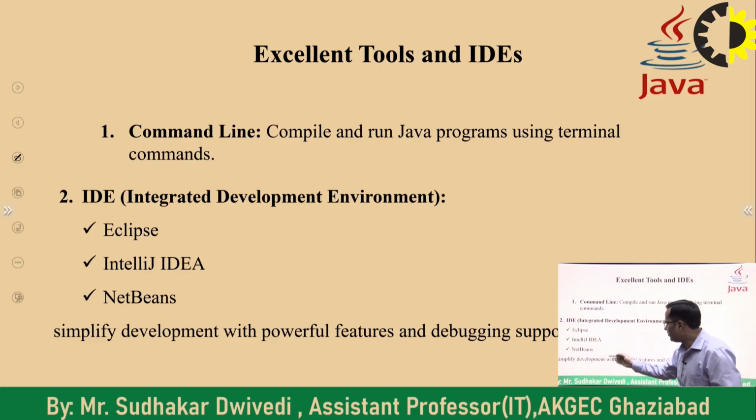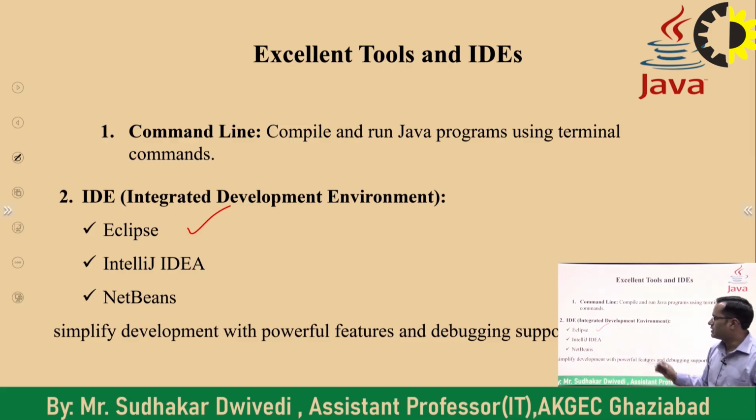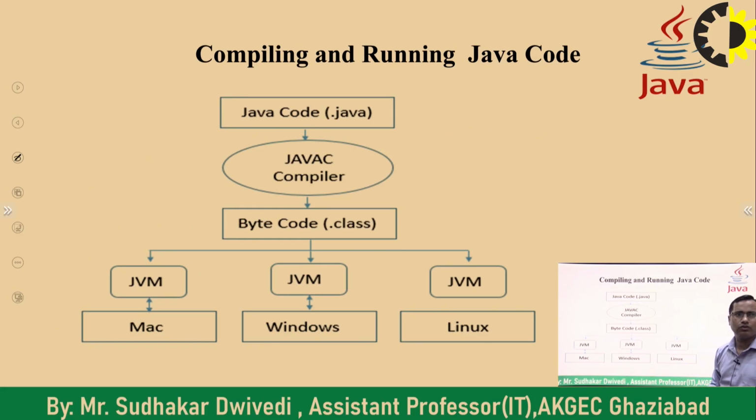Some IDEs available are Eclipse, IntelliJ IDEA, NetBeans, and many more in the market. We can install whichever we require. So by using either the command line or an IDE, we can create, run, and execute Java programs.